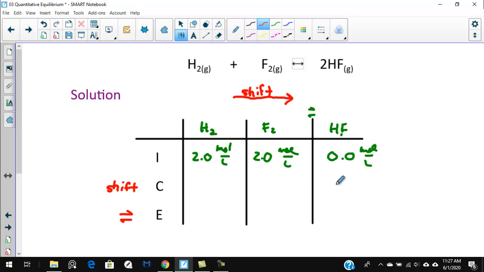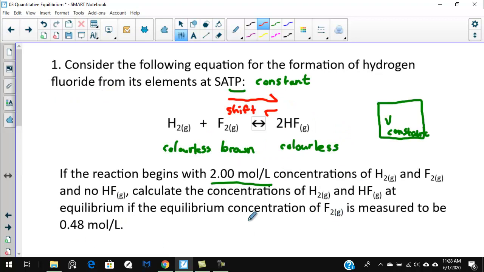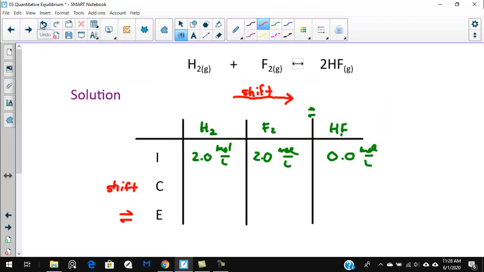Now, we're not told what the change is, but we are given one other piece of data. We're given that the F2 was measured and found to be 0.48 moles per liter. So down here, the F2 is 0.48 moles per liter. Okay, so that's the setup for the data table.